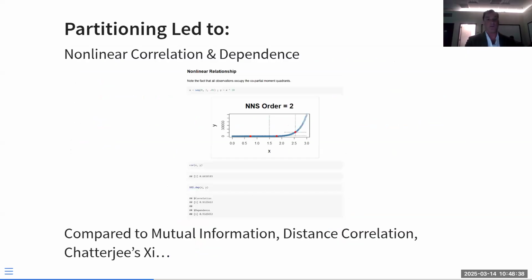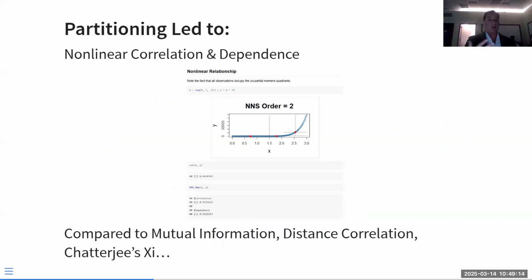So this partitioning, this might be difficult to see. This iterative partitioning of the quadrants led to some insights that dependent variables typically had all of their observations within the co-partial moment quadrants. Alternatively, dependent variables could have all of their observations in the divergent quadrants, meaning they're negatively correlated, but they're still dependent upon one another.